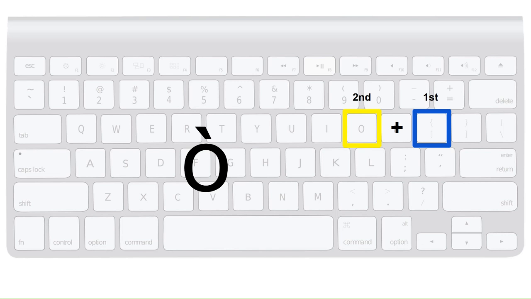For example, in this case, you hit that blue key, release it, and type O, and then you're going to get this special character.